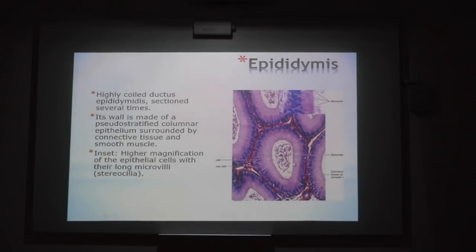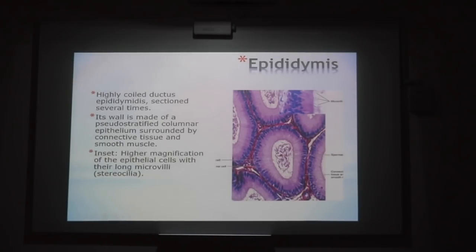The surface specialization is the stereocilia here, and outer to the epithelium there is a basal lamina, surrounded by connective tissue and smooth muscle fibers. In the head, you have one layer of smooth muscle fibers similar to the efferent ductules, and as you go towards the tail of the epididymis, you see multiple layers similar to the vas deferens.